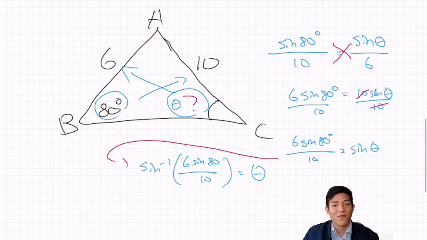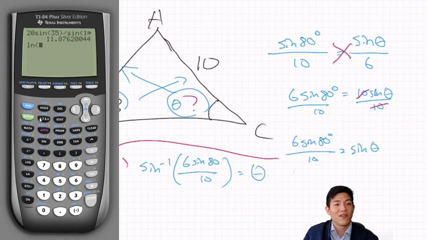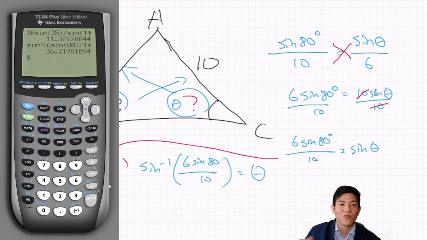Awesome. So if I bring my calculator up once again, we get inverse sine of 6 times sine of 80 over 10 is equal to 36.21981094.